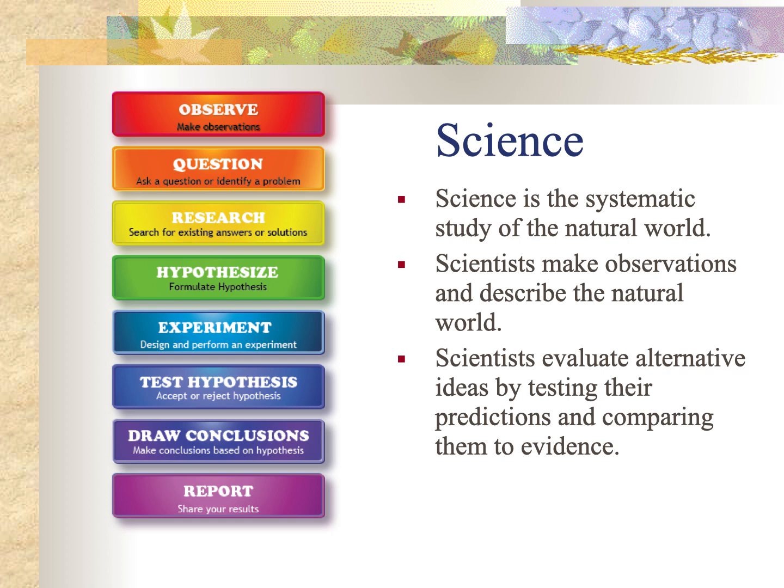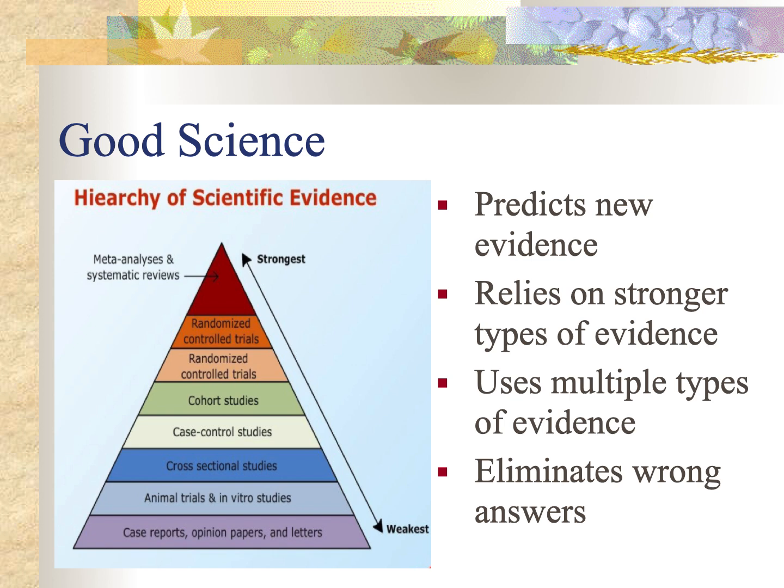These are alternatives often. They'll test several alternatives, and they'll use those to make predictions, and then they'll compare them to evidence. Remember, good science predicts new evidence and relies on stronger types of evidence, like randomized clinical trials. Not so much things like case reports and opinion pieces and letters, but strong types of evidence.